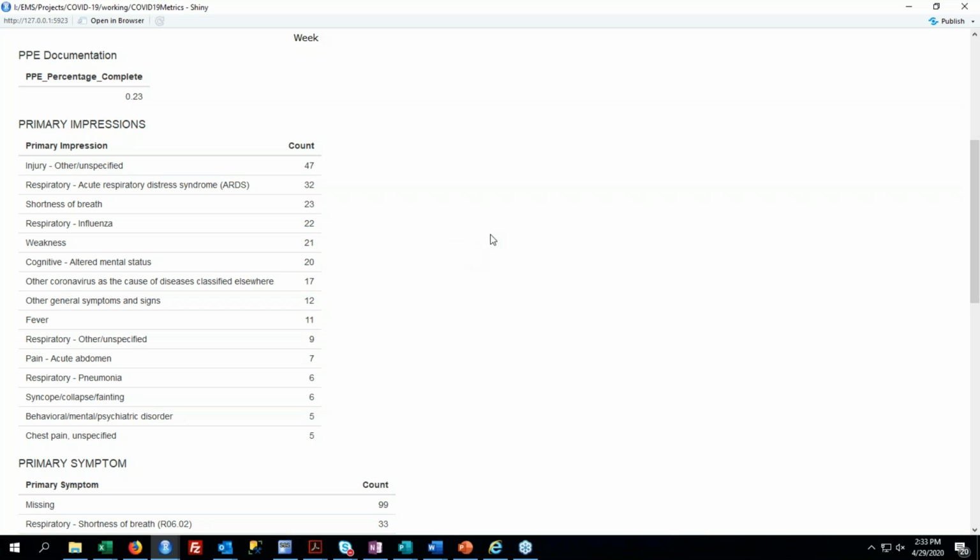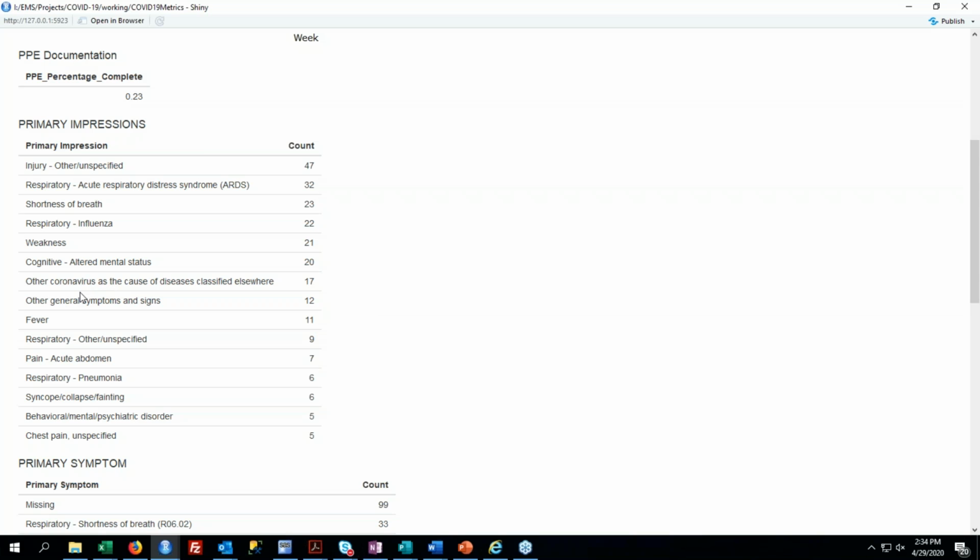So here below we have some primary impressions. One thing that of course leaps out at me is that injury other unspecified is a major category for primary impression here. And then you have many of the impressions you would expect: respiratory symptoms, shortness of breath, influenza, weakness, cognitive and altered mental status, coronavirus.